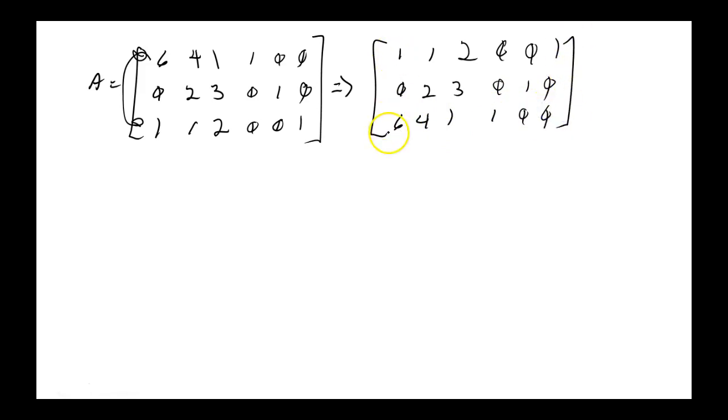Okay. Next, I want that 6 to become a 0, so this will be minus 6, row 1, plus row 3. So the next matrix, I'm going to use row 1, so that stays the same. 1, 1, 2, 0, 0, 1, 0, 2, 3, that stays the same, 0, 1, 0, and when you multiply minus 6 times row 1 and add it to row 3, sorry, my throat's messing up again, that'll give you a 0.